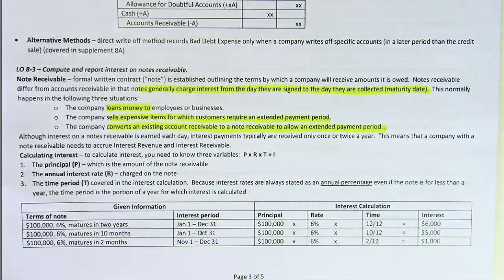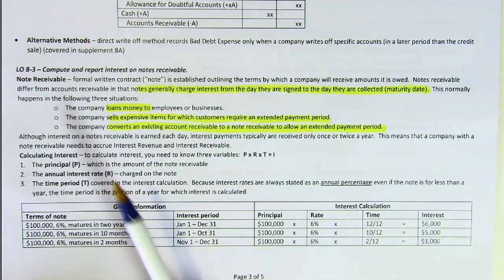In other words, the customer or client already owes you money on an accounts receivable, and you want a little bit more security if the customer wants an extended time period. So you're going to remove that accounts receivable and in its place establish a notes receivable.